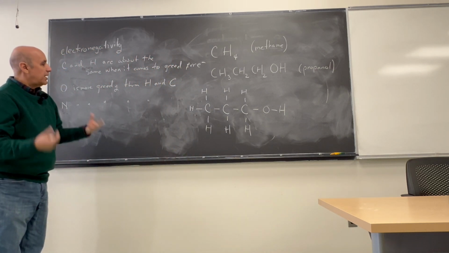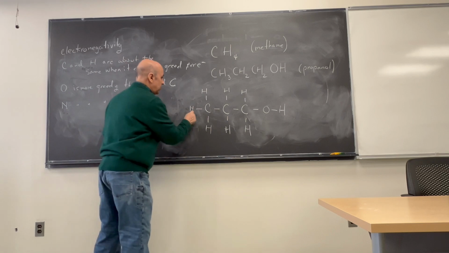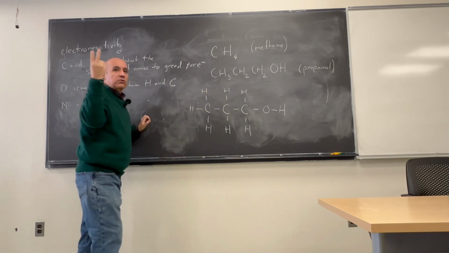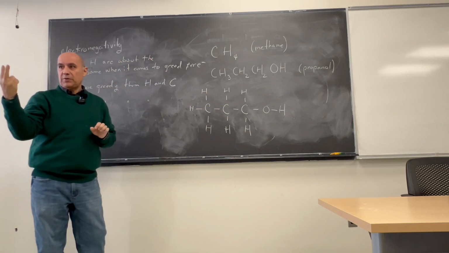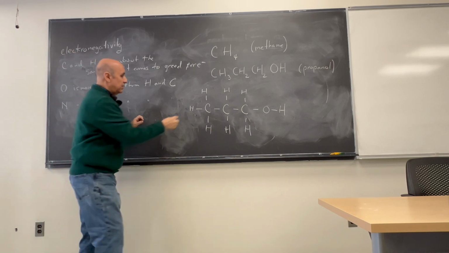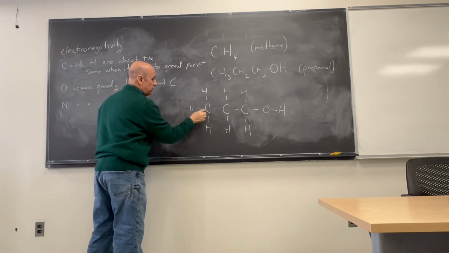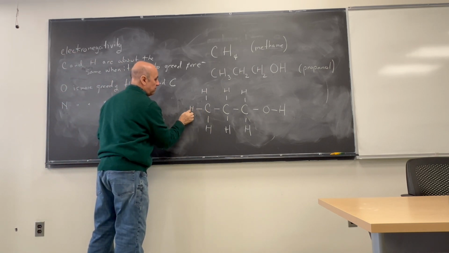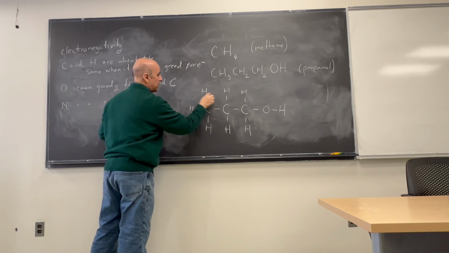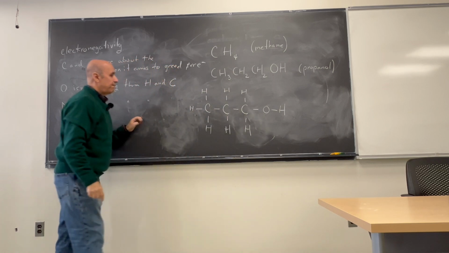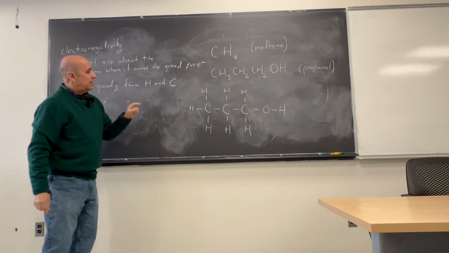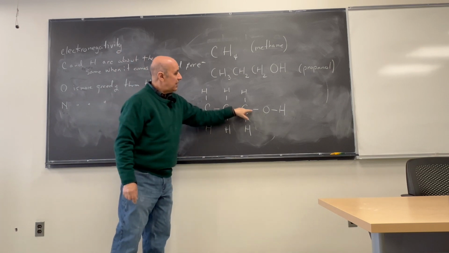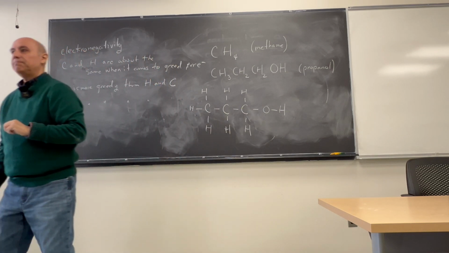Now, if we count electrons, each hydrogen better have 2 electrons. And those are represented by the dashes. So that dash connects this hydrogen to this carbon. That's 2 electrons. Check. Same thing for everything. If you notice, every carbon has how many dashes around it?